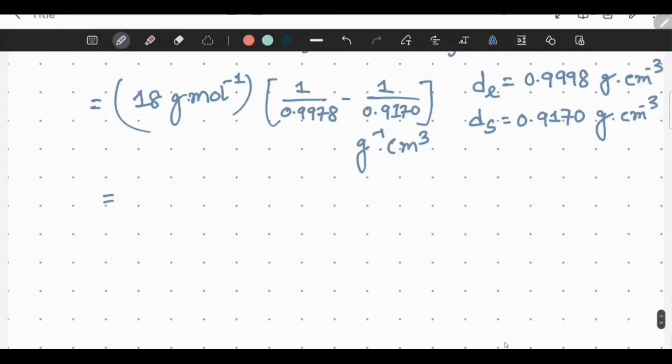So this will be 18 into, what will be the value of this? Let me calculate. It is 1 divided by 0.9978 minus 1 divided by 0.9170.